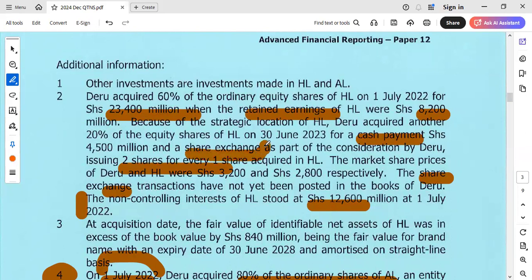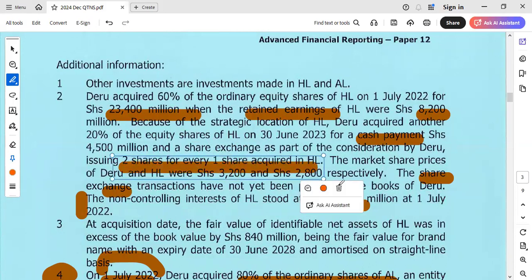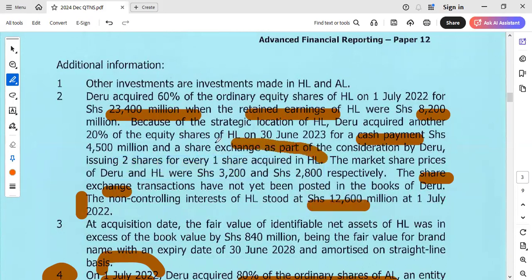So we want to know, as share exchange, what did you pay? You are issuing 2 shares for every 1 share acquired in HL.